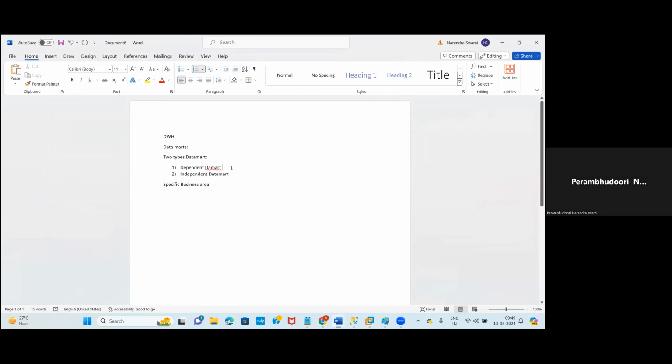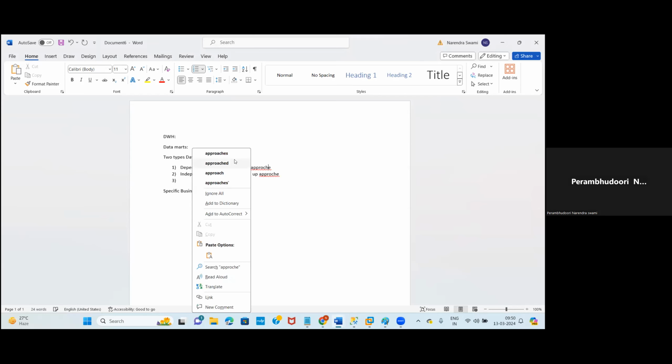The dependent data mart is also known as the top-down approach, and the independent one is also known as the bottom-up approach. Okay, top-down approach and bottom-up approach.